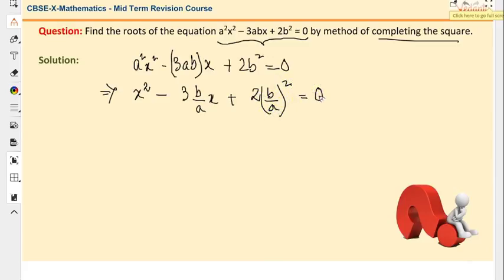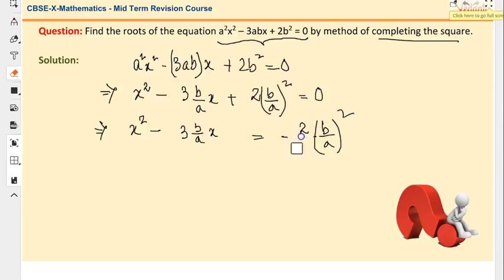Now see here, x square minus 3b by a x, and let me take this on the right hand side. So this becomes minus 2b by a whole square, sorry.